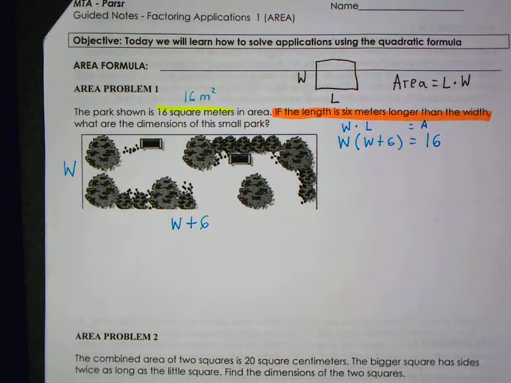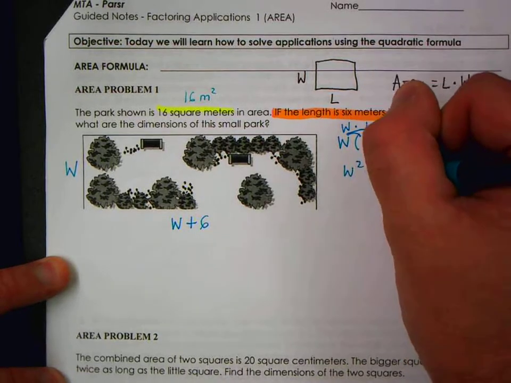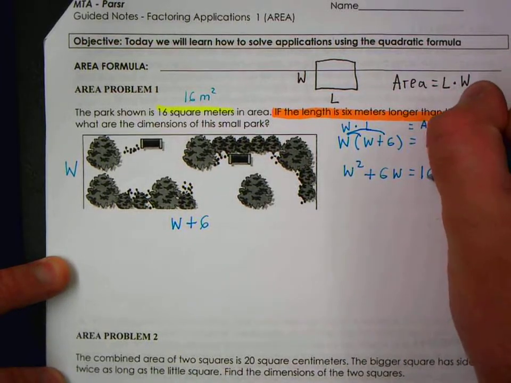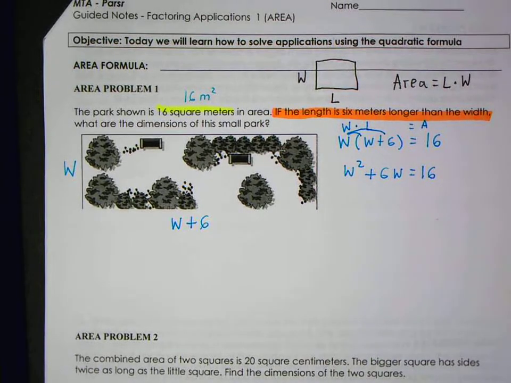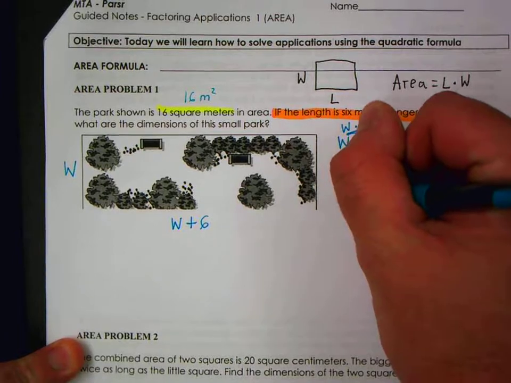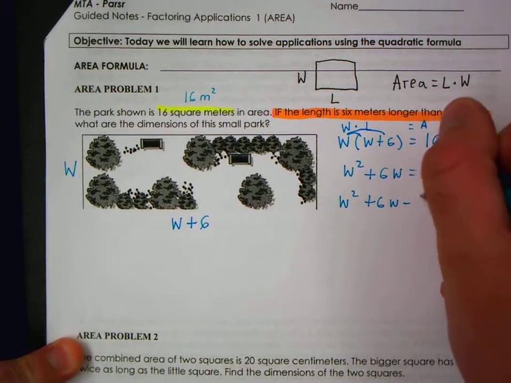From there, I distribute, I get W squared plus 6W equals 16. So that's a quadratic. That means there's two solutions. Best to put it in standard form, so move over the 16.